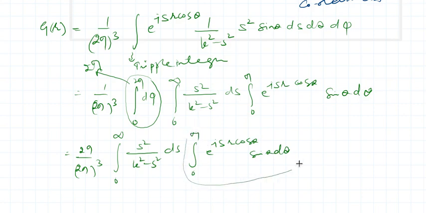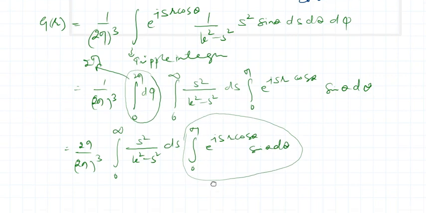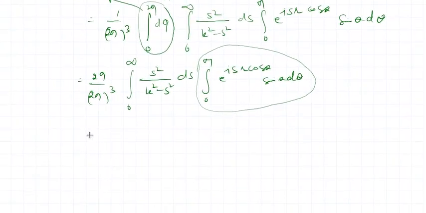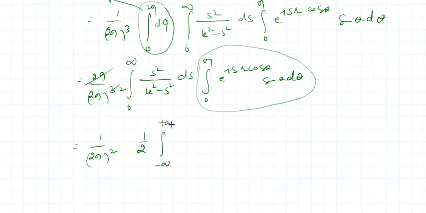So let me first of all try to solve this integral. The value of this integral comes out to be, this 2 pi will cancel out, so it is 1 over 2 pi square, and it is 1 by 2, integral from minus infinity to plus infinity.